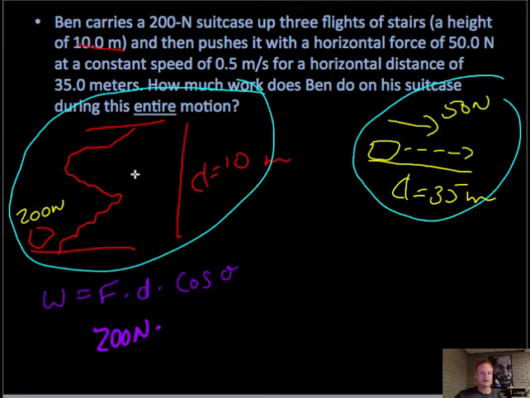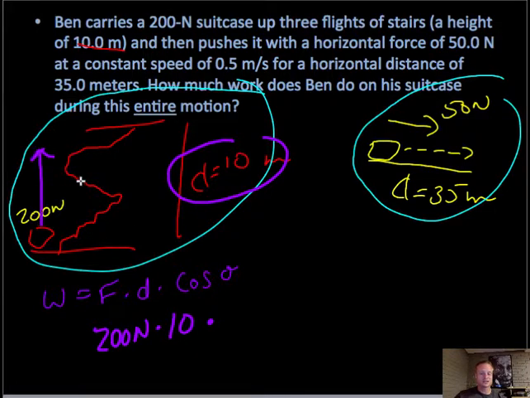How far does Ben have to go in total? Now, I realize these stairs aren't exactly vertically straight up. That's not really important. The total displacement from the bottom to the top is 10 meters. And so that is the displacement piece, 10 meters, times the cosine of theta. Now the force is going straight up.